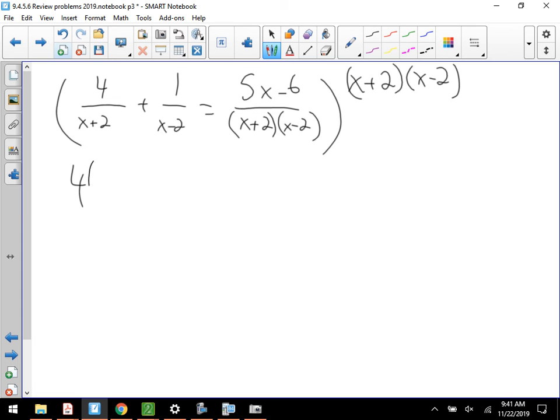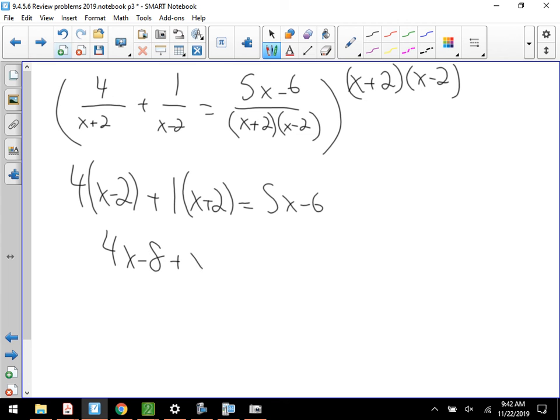It'd be 4 times x minus 2, plus 1 times x plus 2, equals 5x minus 6. So let's see, we get 4x minus 8 plus x plus 2. So what's that? 5x minus 6 equals 5x minus 6.